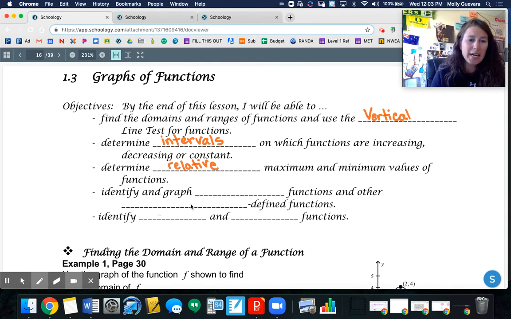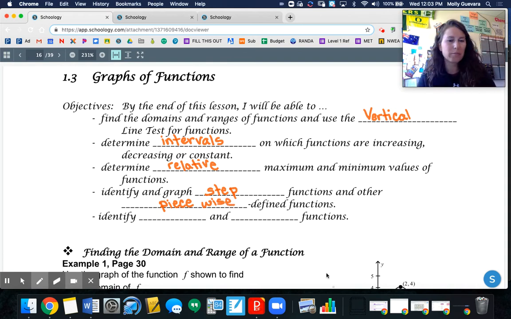And then we're going to identify and graph step functions and other piecewise defined functions. Piecewise is one word.